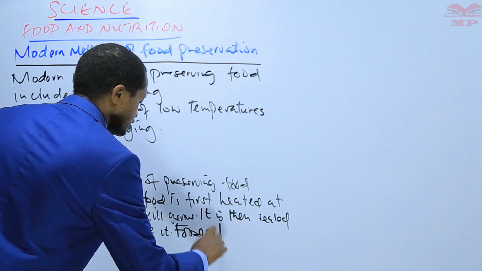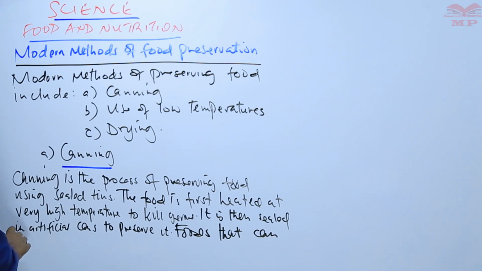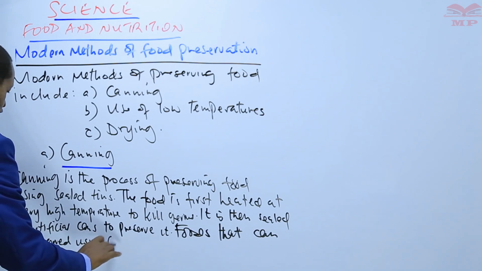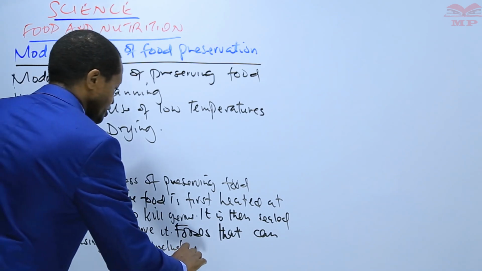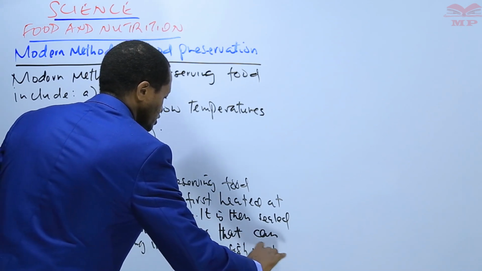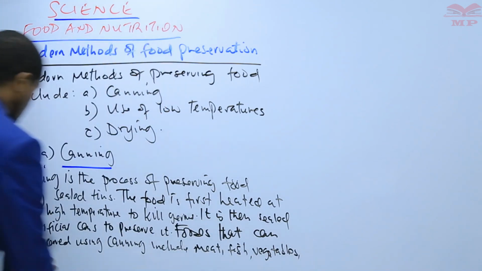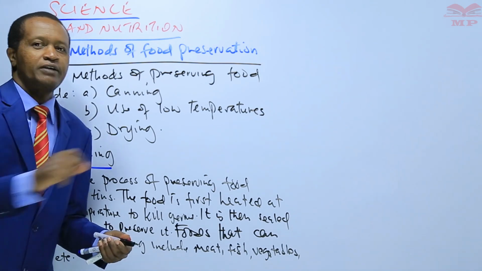Foods that can be preserved using canning include meat, fish, vegetables, fruits, etc. So canned foods, learners, I've said, go bad after some time.